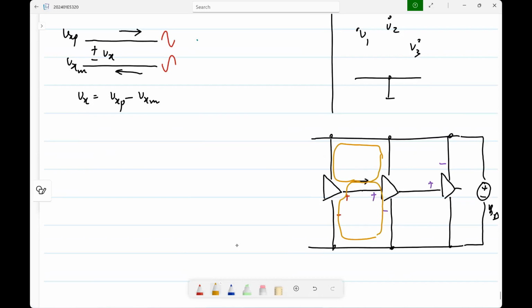Now, if you look at these supply rails, there will be currents from various stages flowing through them. Now, of course, no wire is perfect. So you can have inductances and resistances on all these lines.